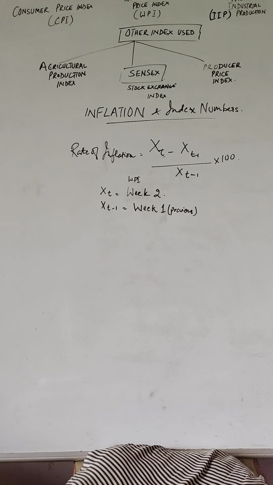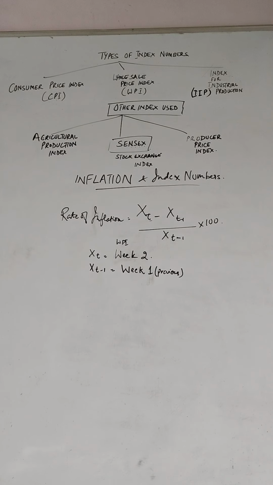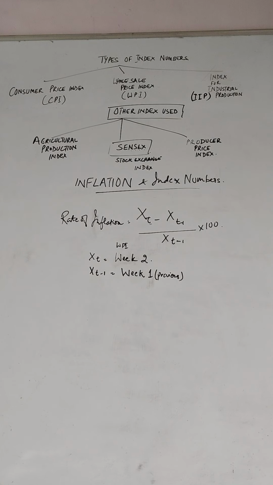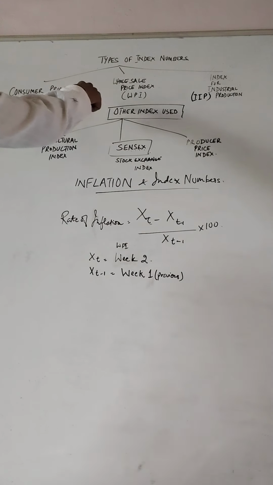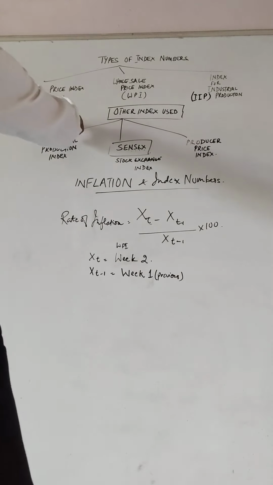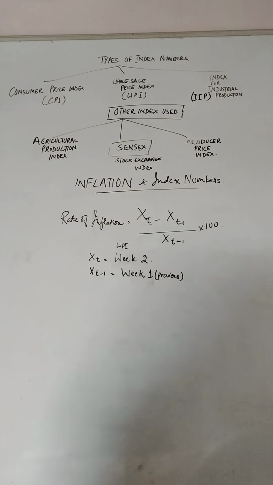Also, taxation. And basically WPI, as you see, there are types of inflation that I'm talking about now. For example, we just talked about the consumer price index, how it helps in making government policies. Now, how does the wholesale price index calculate the rate of inflation?